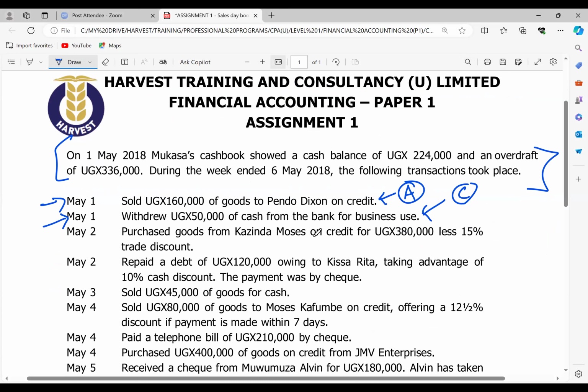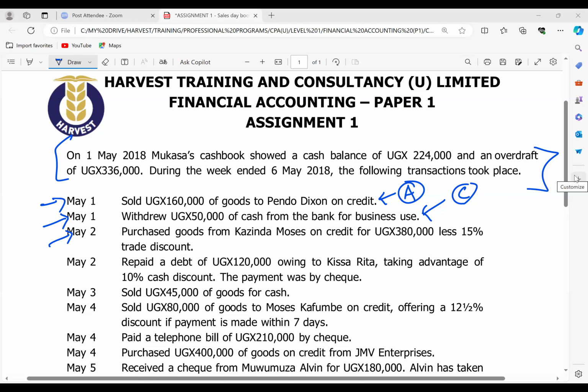Next, we go down to Faith Amolo. Faith, unmute. You read 2nd of May. On 2nd of May, purchased goods from Kazinda Moses on credit for UGX 330,000, less 15% trade discount.